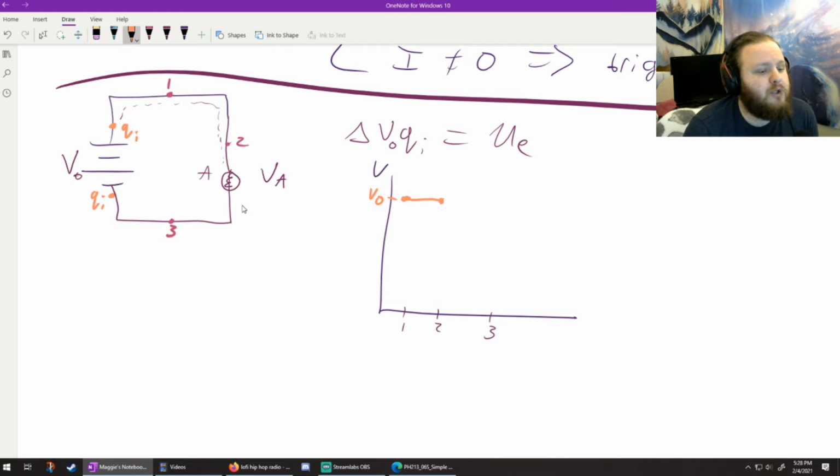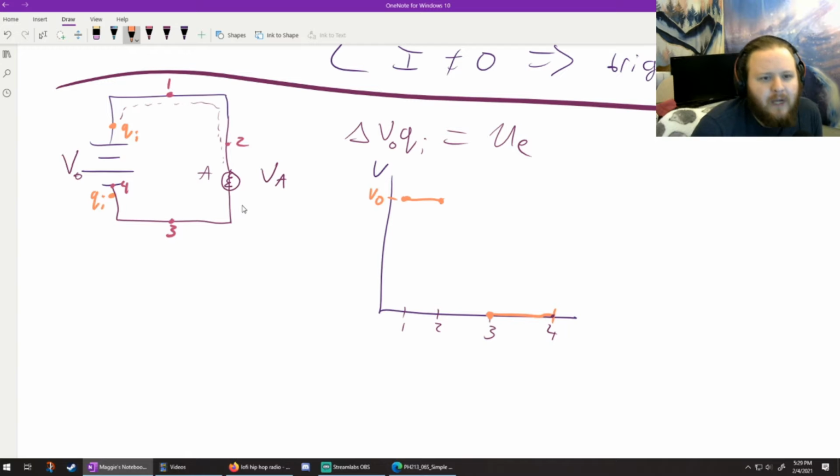So somewhere in between 2 and 3, it's got to go back to 0 until it hits the voltage source again. Which I guess I can give a point as well, that it's going to be 0 back here at the negative terminal of the battery. So I'll give that a point as well. Here's 0.4. And so something has to happen in here.